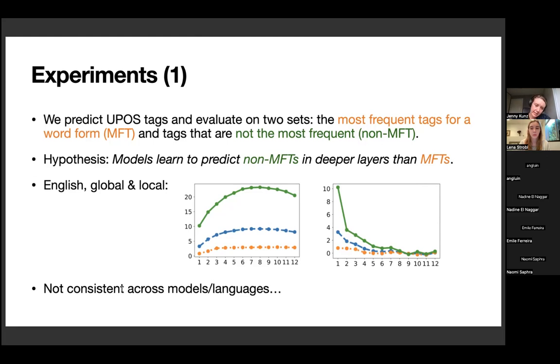But these results are not consistent across the models and languages we are using. And we are quite careful with drawing conclusions about this, because the models, of course, aren't comparable in the training data that they use.